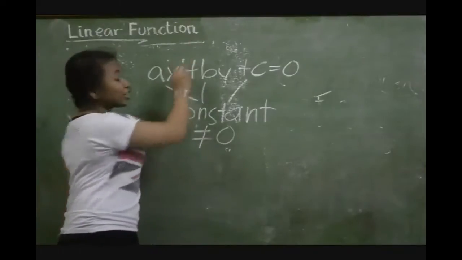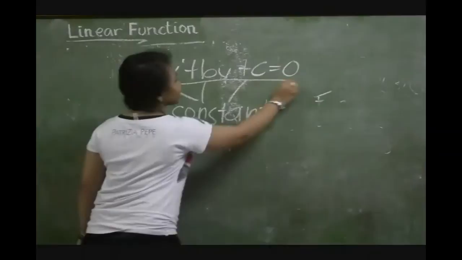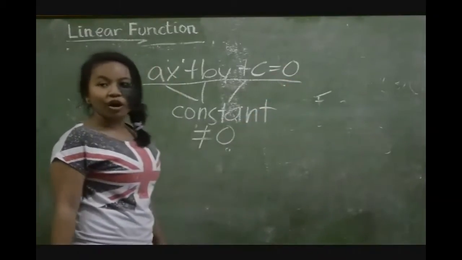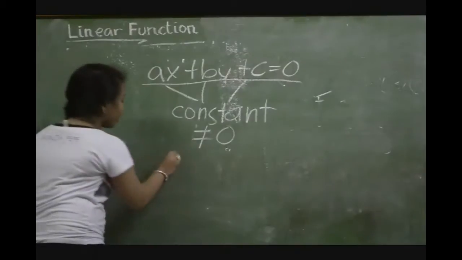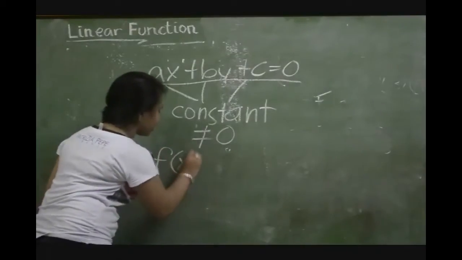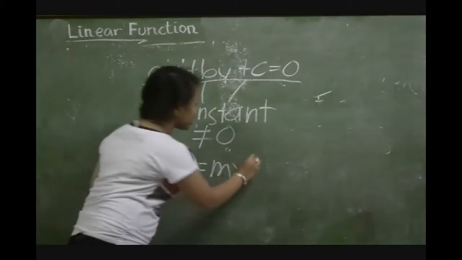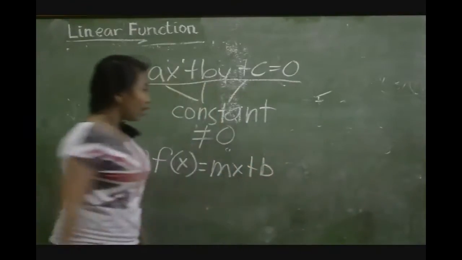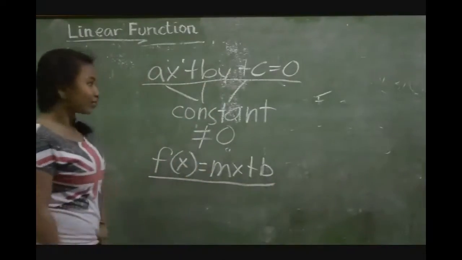The highest degree of x should be 1. And this equation is called the linear equation or the standard form. We can rewrite this in the form f of x equals mx plus b, where m stands for slope. This is called the linear function.